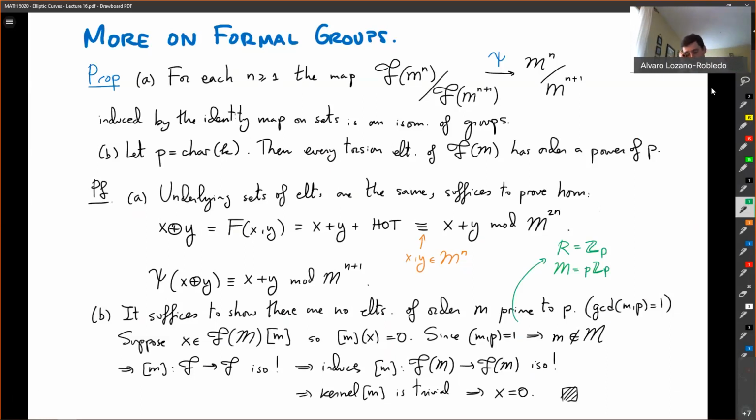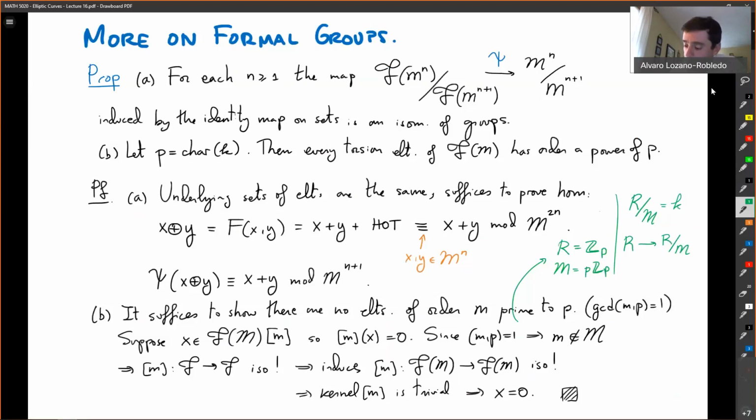In the general case, if the characteristic is P, what that means is that R modulo M is little k of characteristic P. And therefore, if you look at the map that sends R to R mod M, then the things that vanish are the things that are in the maximal ideal.